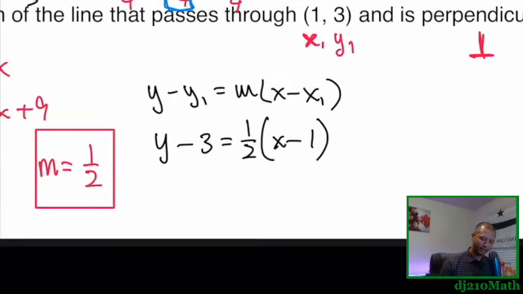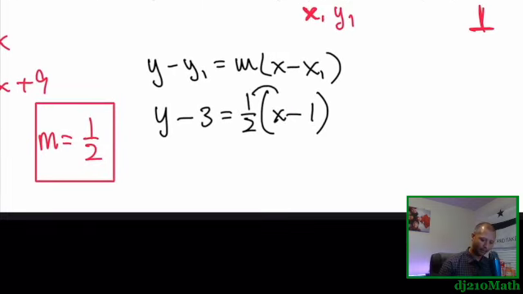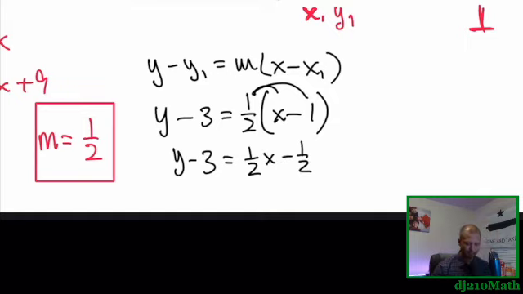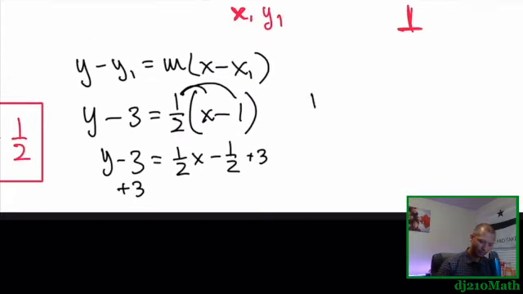But let's say we wanted it in slope-intercept form. Distribute: y minus 3 is equal to 1/2 x minus 1/2. We're going to add 3 to both sides. So this is going to be y equals 1/2 x, and negative 1/2 plus 3.